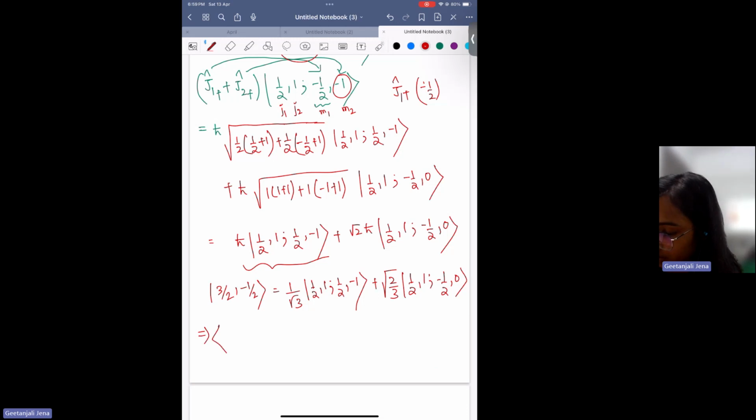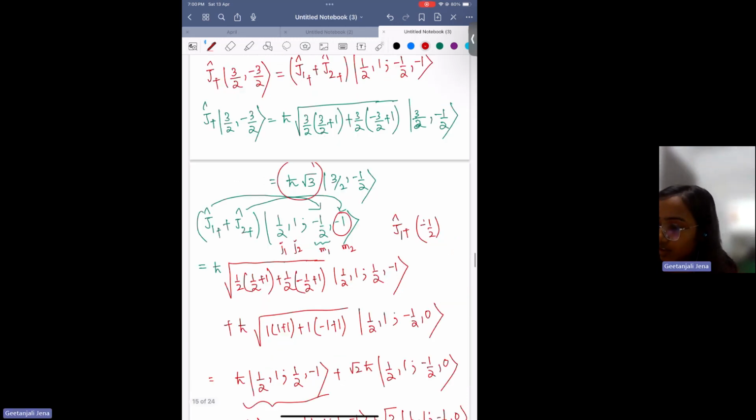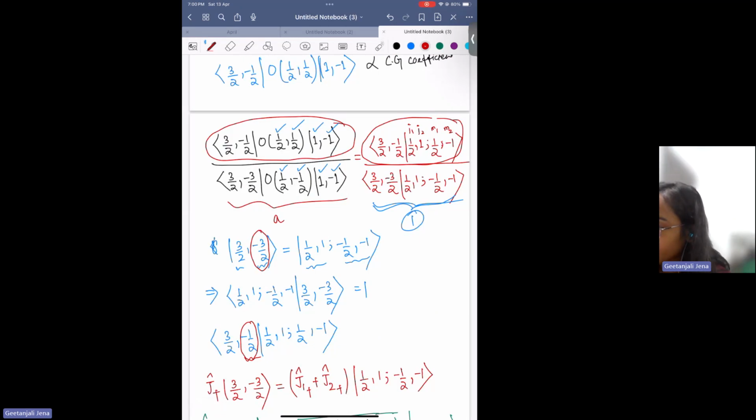Now you have to take the inner product with half 1 half minus 1. This term would be 0 when you take the inner product. So the inner product of 3 by 2 half minus half with half 1 half minus 1 is 1 by √3. So you got the expression for the numerator.